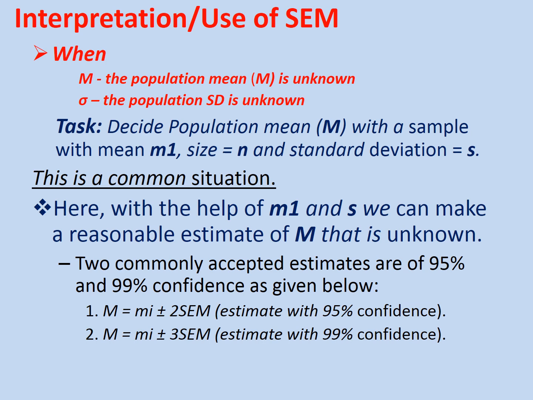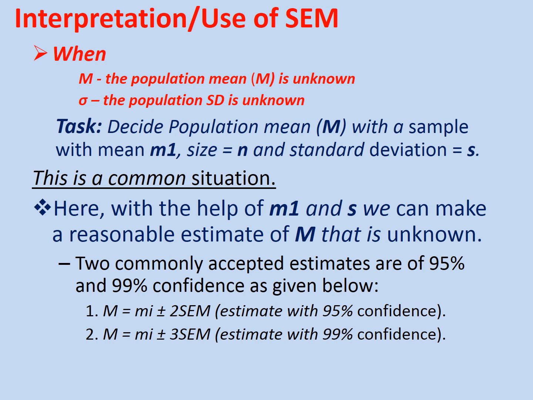This is a very common situation when you do research, because whenever you go into the community to conduct research, you do not study the whole population. Usually you study only a part of it, called a sample, and you measure the average value of the observations.